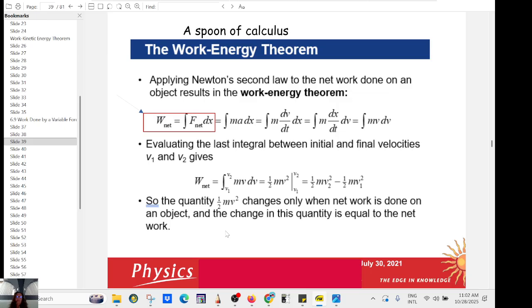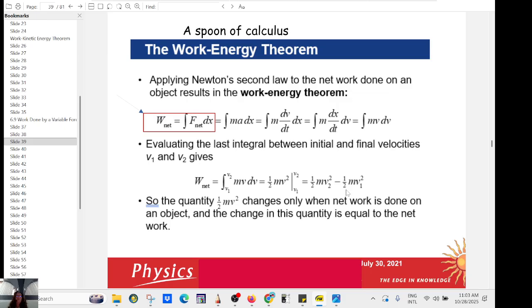It's not that hard. And here, actually, using this, we go back to the work energy theorem, using a little bit of integrals, massage and shake it, and then you get to this.